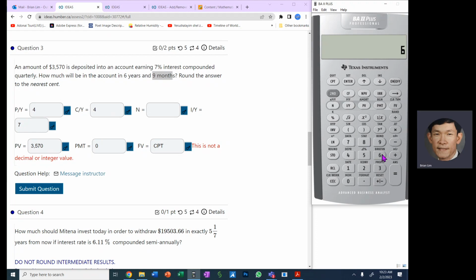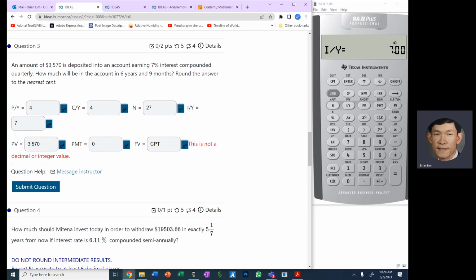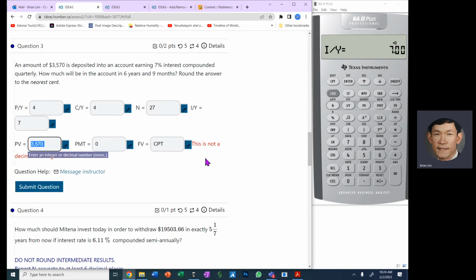Then we add 6 and we get the sum, 6.75, and then we go second and N. And N should be 27. IY is 7, so we can put in our 7 for IY. And then the present value is this number right here, 3570. Let's highlight it so you can see it.